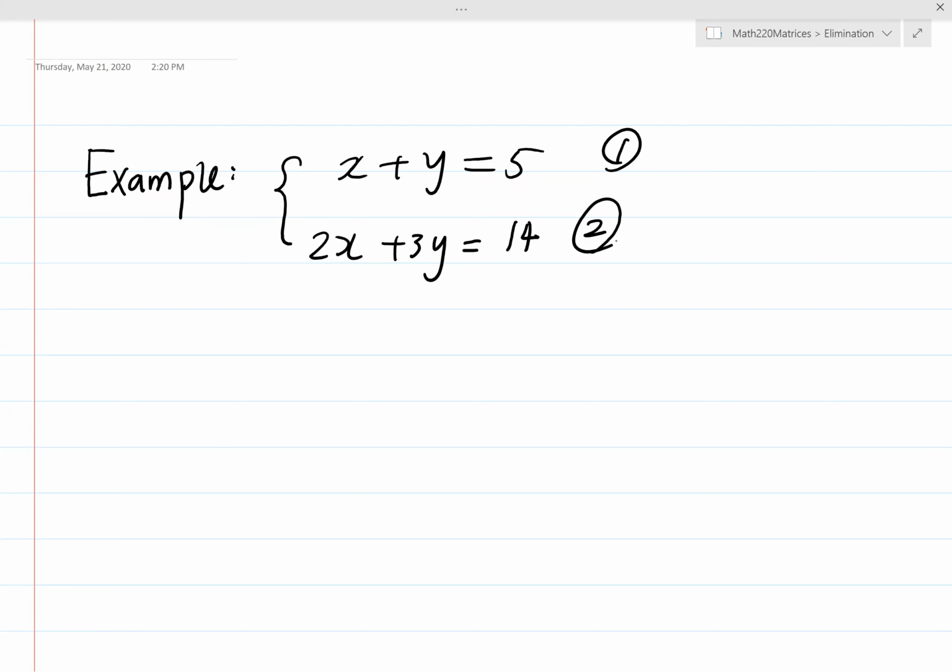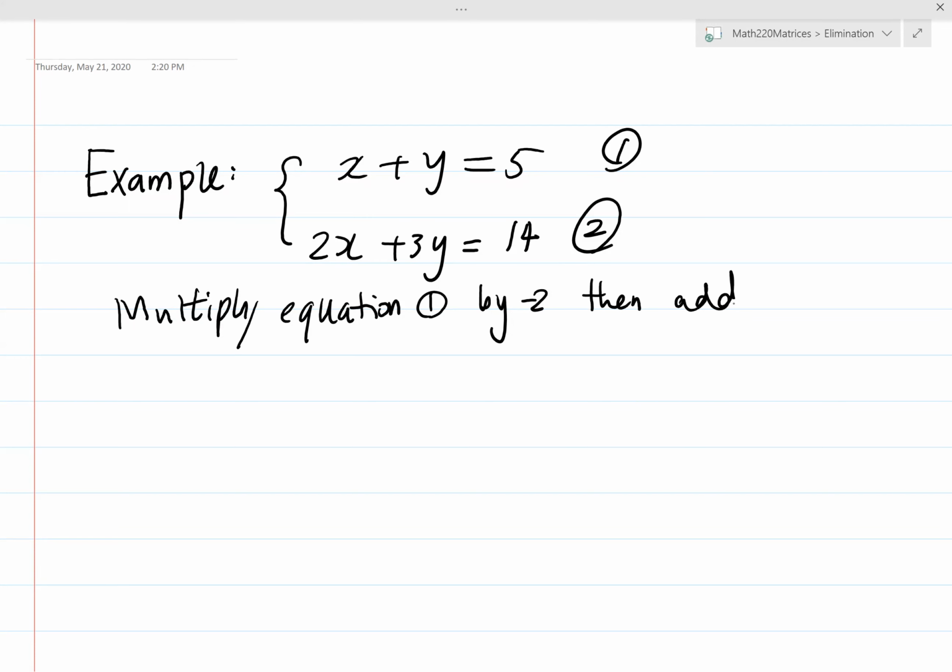So here we multiply equation 1 by negative 2, then add it to equation 2.